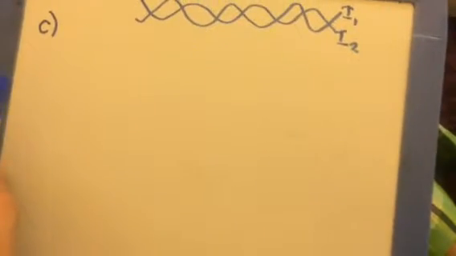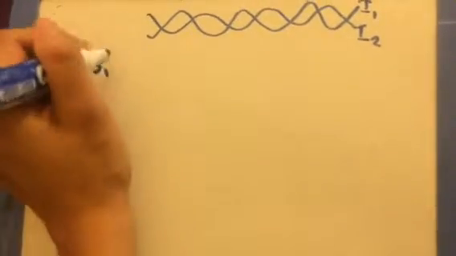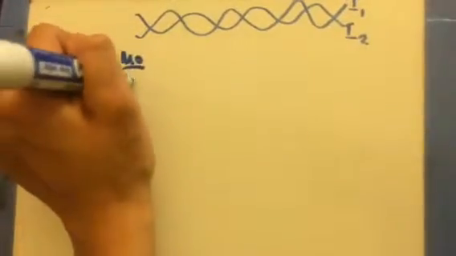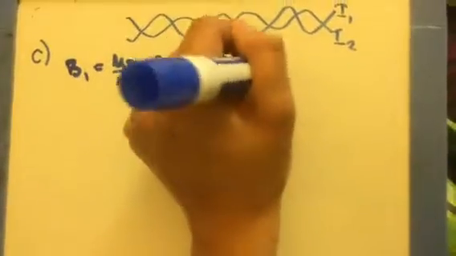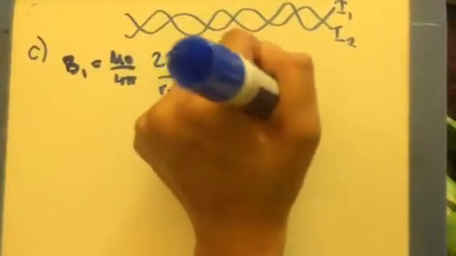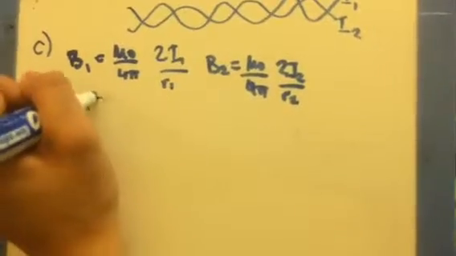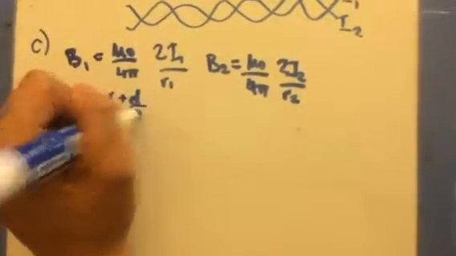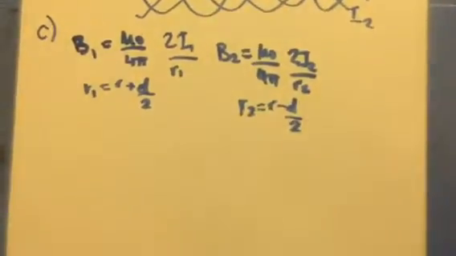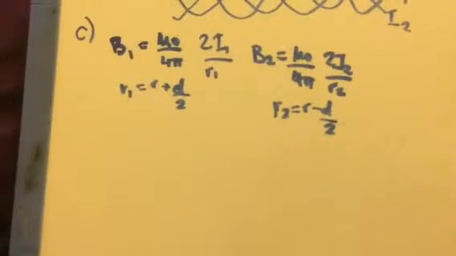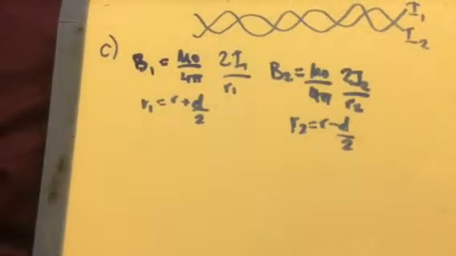So since the wires are so long, the magnetic field B1, once again, is mu naught over 4 pi times 2I1 over R1, and B2 is mu naught over 4 pi times 2I2 over R2, where R1 is R plus D over 2 and R2 is R minus D over 2, right? And the direction of the current I2 is opposite the direction of the current I1.